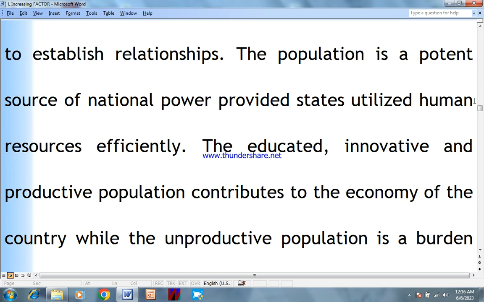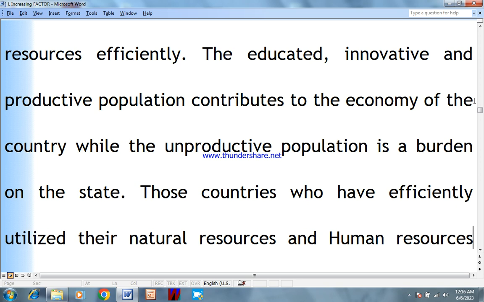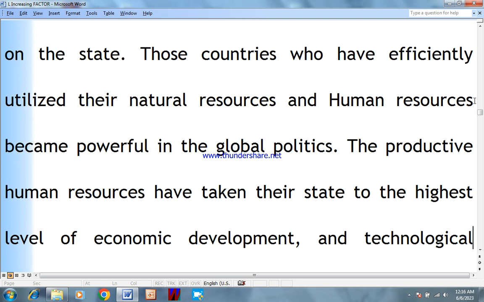The population is a potent source of national power, provided states utilize human resources efficiently. The educated, innovative, and productive population contributes to the economy of the country, while the unproductive population is a burden on the state. Those countries that have efficiently utilized their natural and human resources became powerful in global politics.